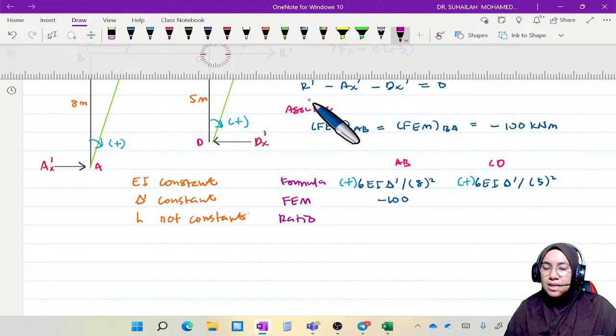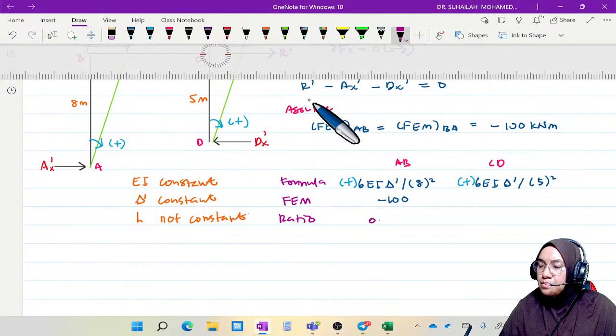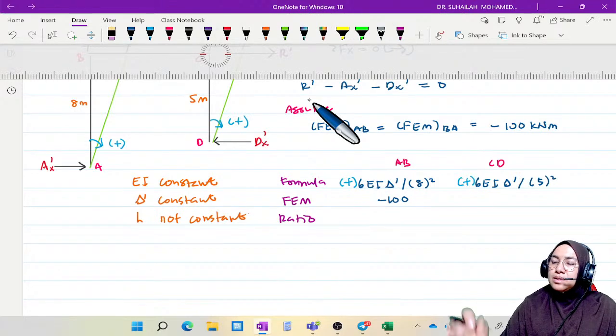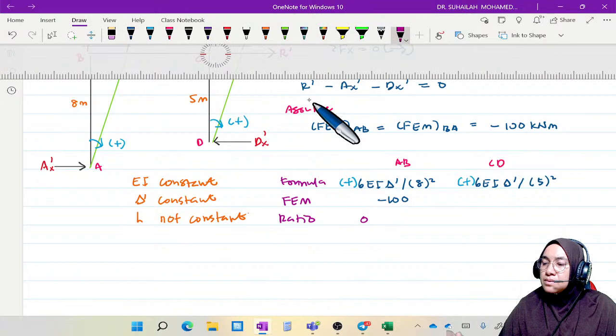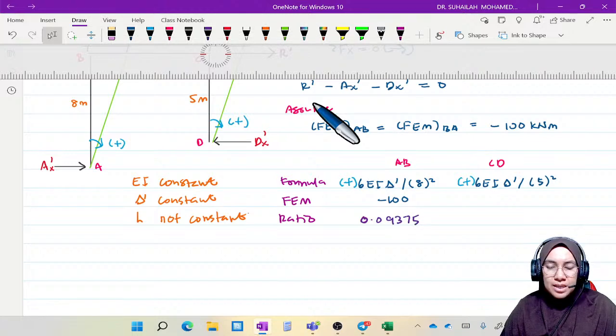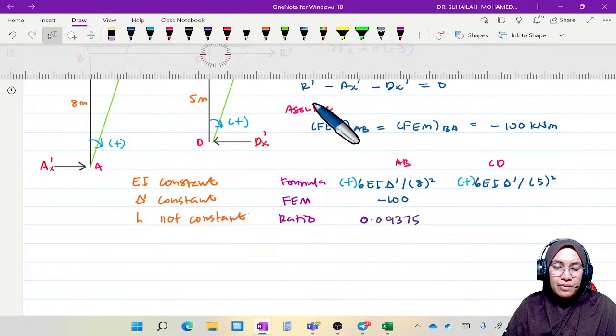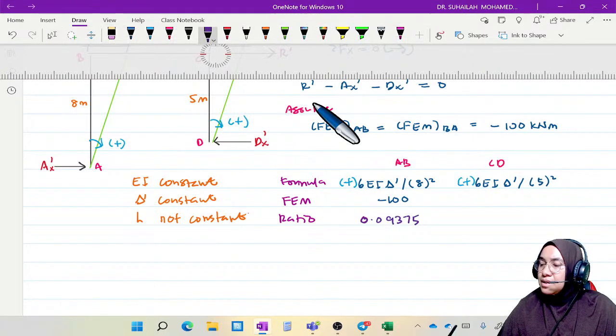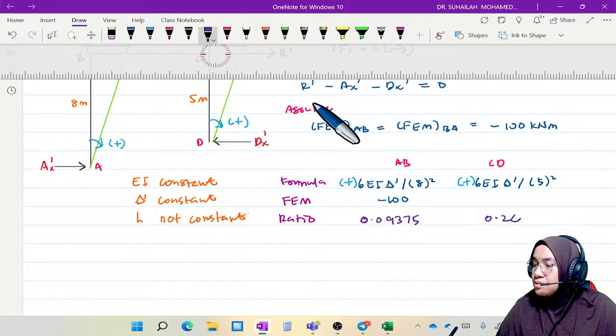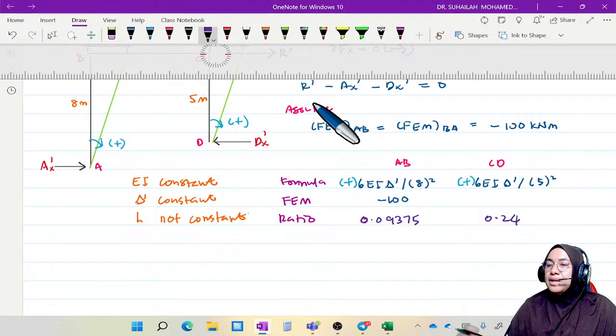So it is 6 divided by 8 square, which is 0.09375, and the other one is 6 divided by 5 square, 25, which is 0.24.